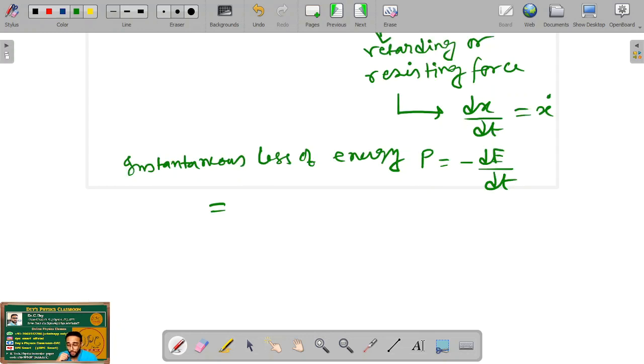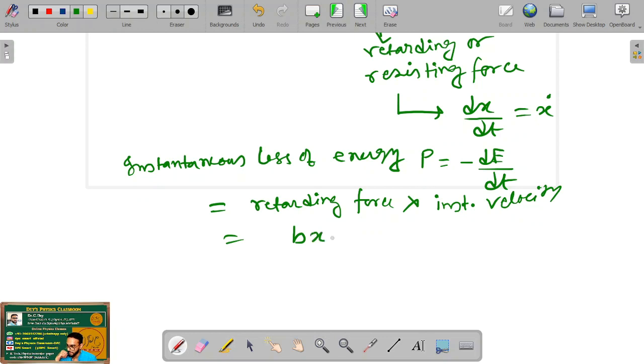Now the instantaneous loss of energy P, that is minus d E by dt, equals the retarding force into the instantaneous velocity. The retarding force equals minus b x dot, and again the instantaneous velocity is x dot. So the instantaneous loss of energy P, which equals minus dE by dt, equals minus b x dot square.